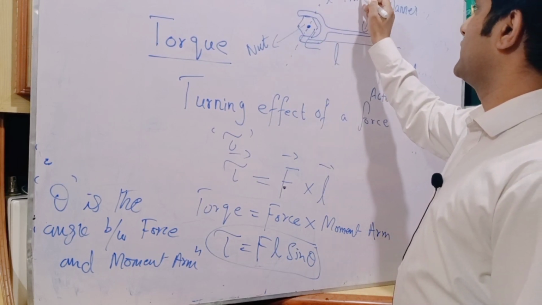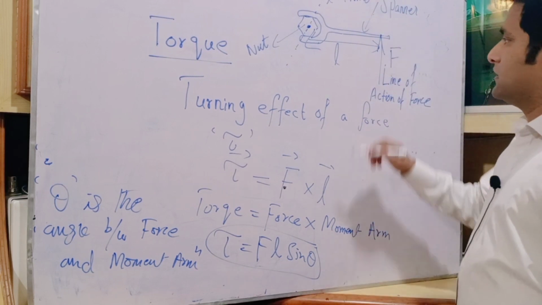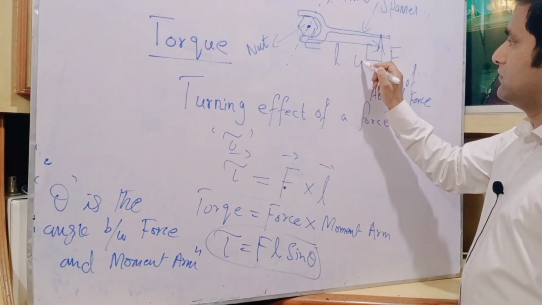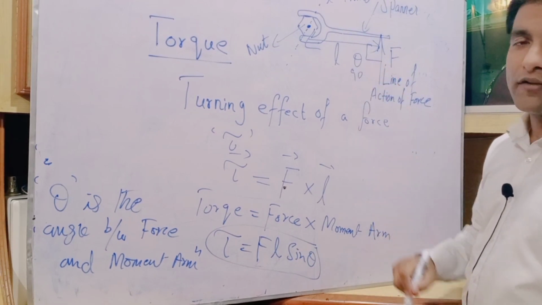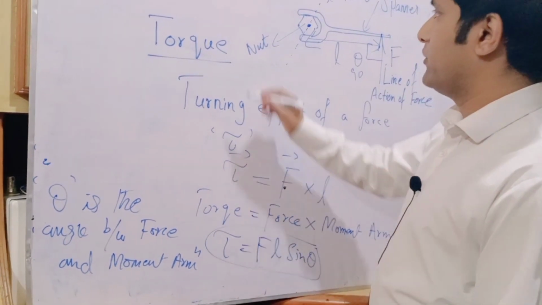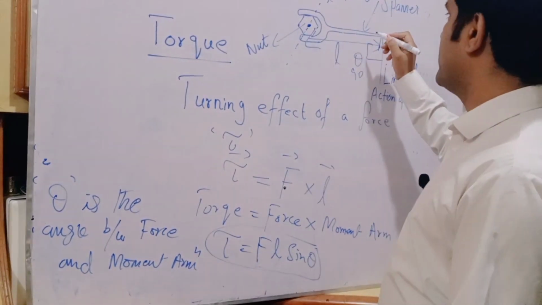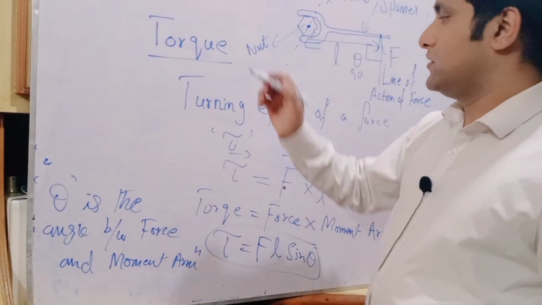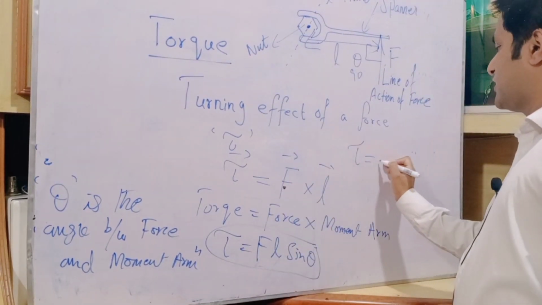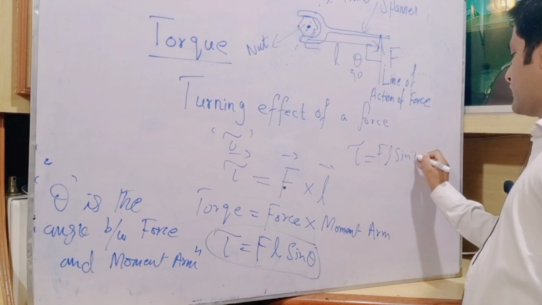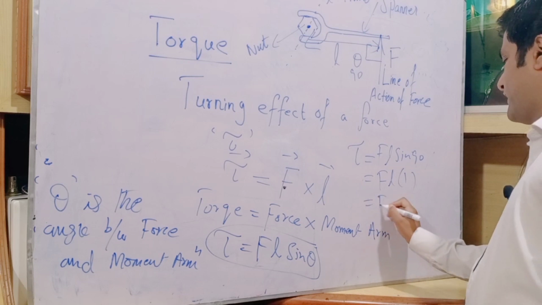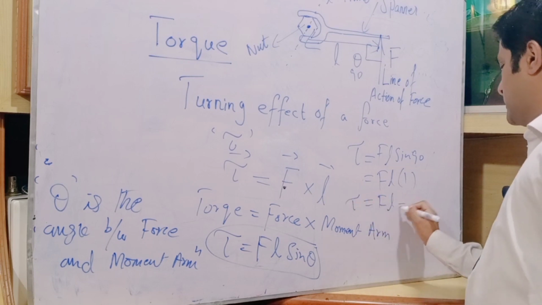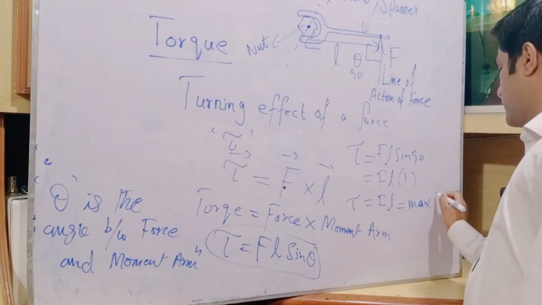F L sine of theta. What is this theta? This is the theta. If this theta is 90 degrees, the torque will be maximum, because sine 90 is 1. So torque is equal to F L sine 90 degrees, which is F L. That is maximum torque.